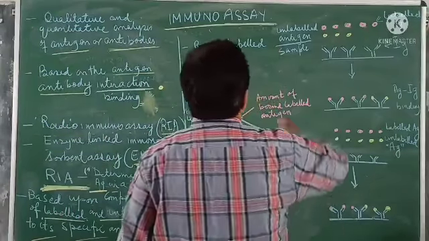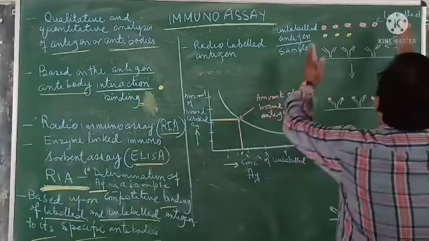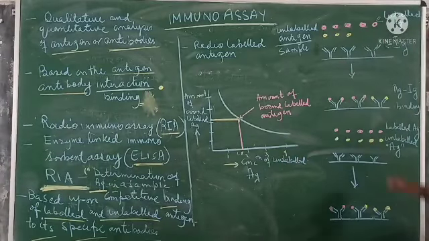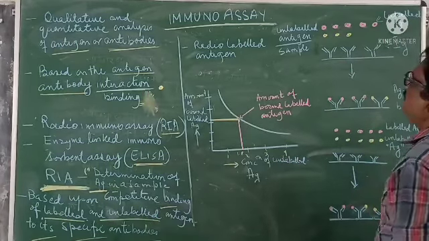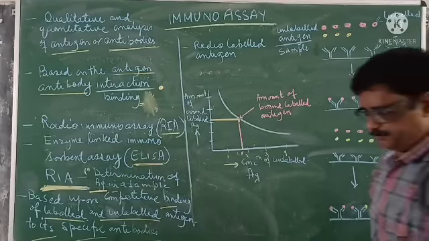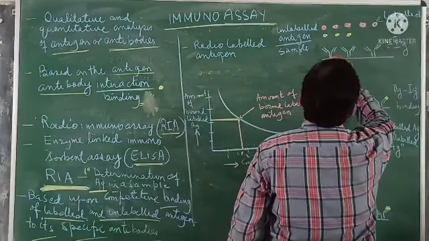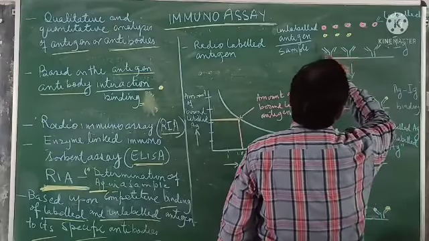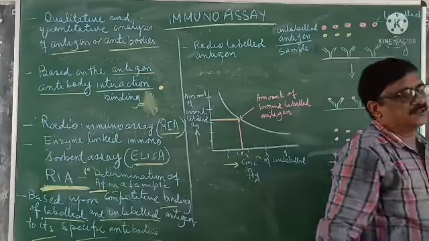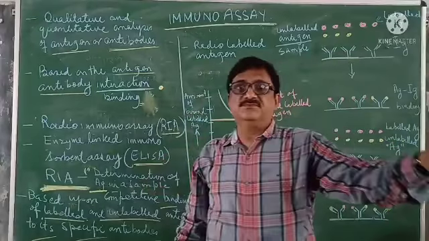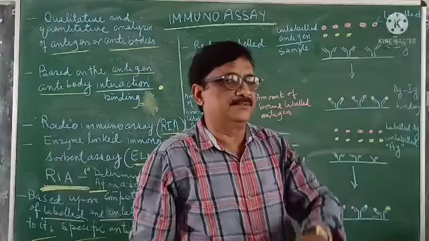Okay, we will understand this by this diagram. Suppose, first of all, we take the specific antibodies of those antigens which have to be analyzed in the sample.